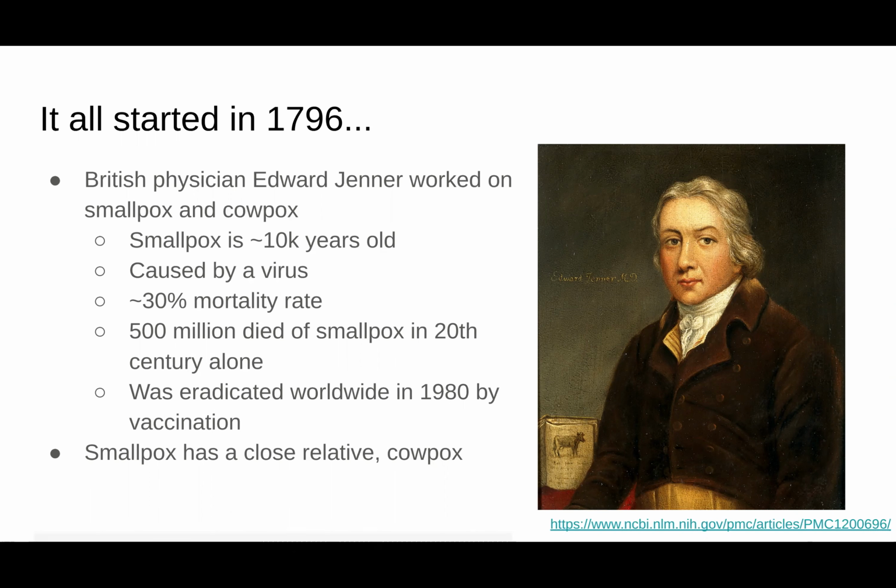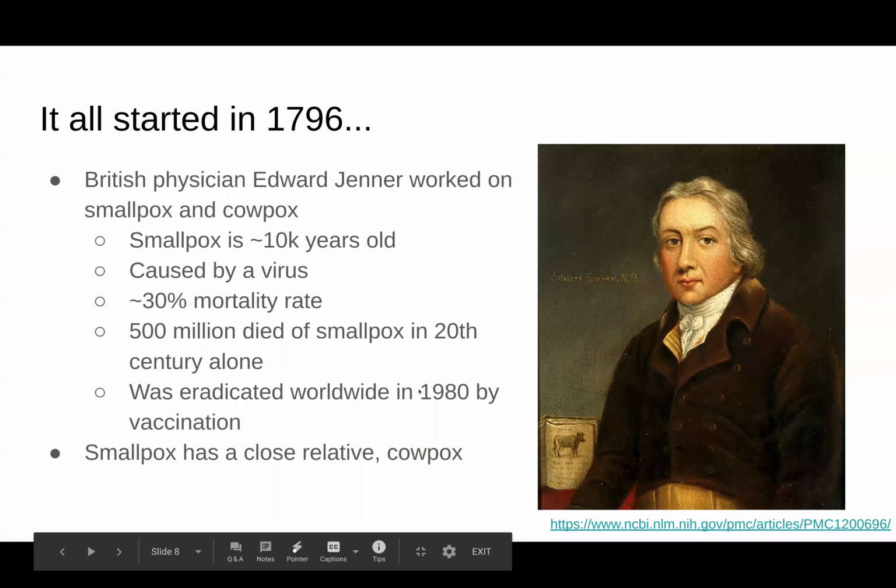And this becomes important because, as I mentioned, smallpox is really, really deadly. You could think back in 1796, it would be really hard to work with a very deadly pathogen, right? Nowadays, we have all these great technologies to prevent scientists and doctors from getting infected. But back then, they didn't have any of that. And so he needed something that he could work on to understand smallpox without people dying. And so what he turned to was the relative cowpox.